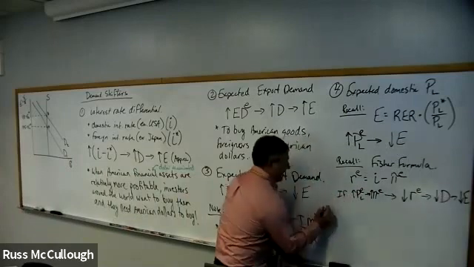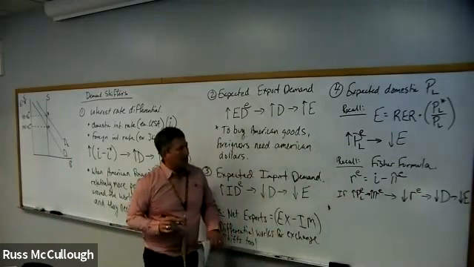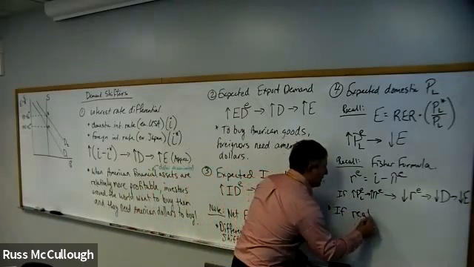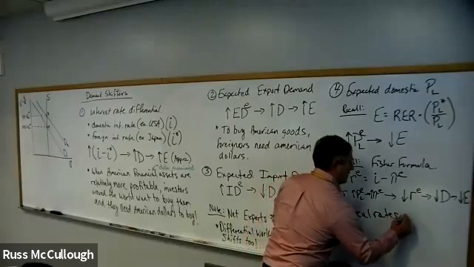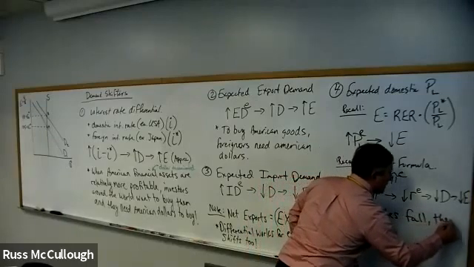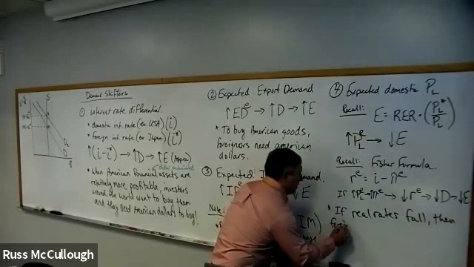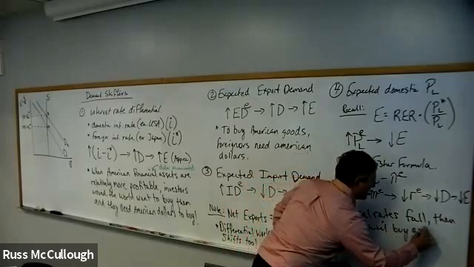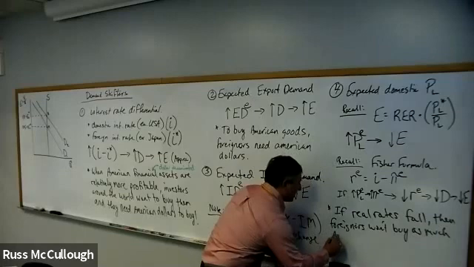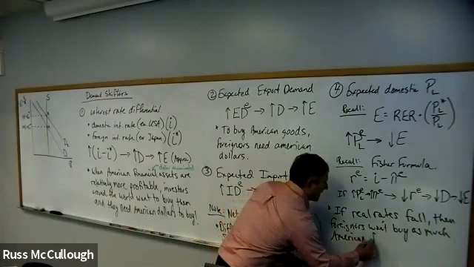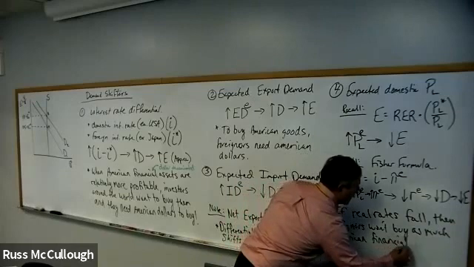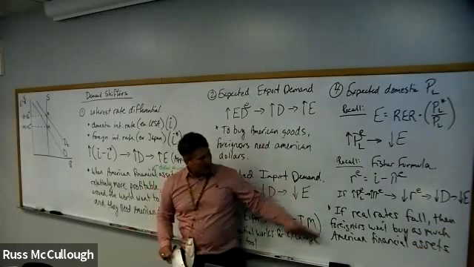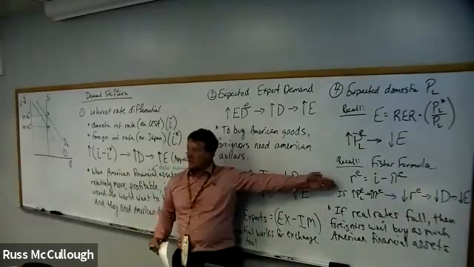So I'll write that one out again so we have this explanation. If real rates of return fall, then foreigners won't buy as much American financial assets. That's the quick Russ McCullough explanation of what all those up-down arrows did.